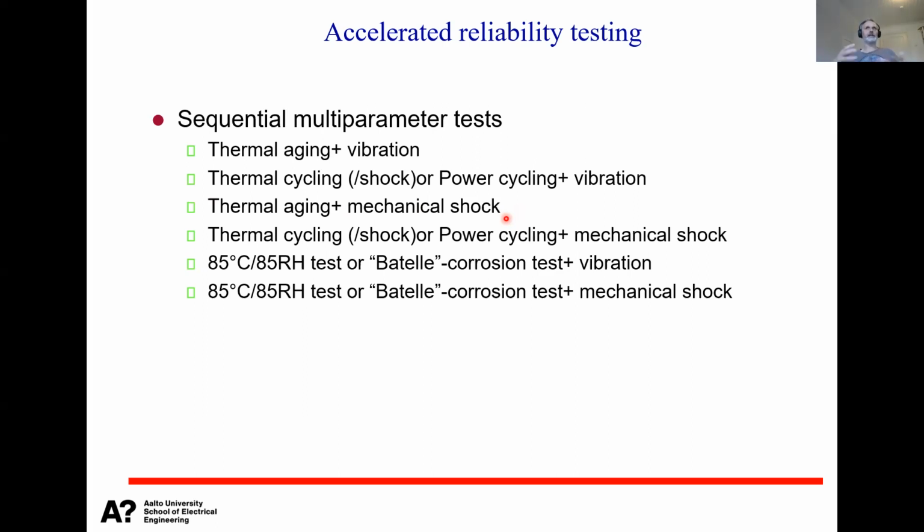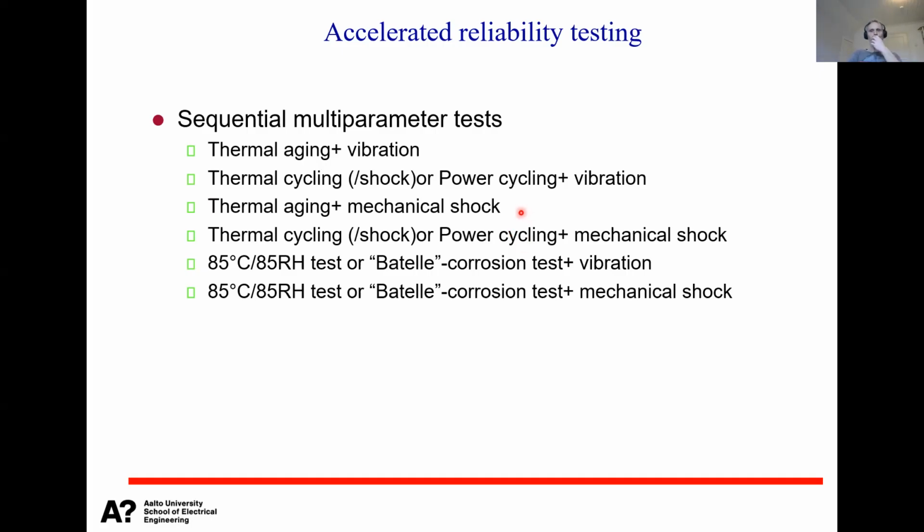Then we can estimate how this aging affects the mechanical reliability, and with that we can better understand what is the weakest link, what we can do to improve, and so on.